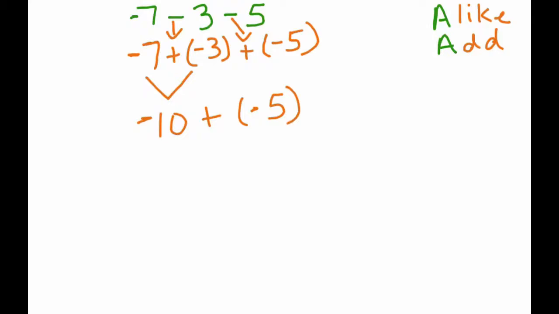Again, we're adding 2 integers with the same sign or alike signs. Therefore, we will add the absolute values. 10 plus 5 is 15, and keep the sign that they share, negative. The answer is negative 15. We have just reviewed subtracting integers.